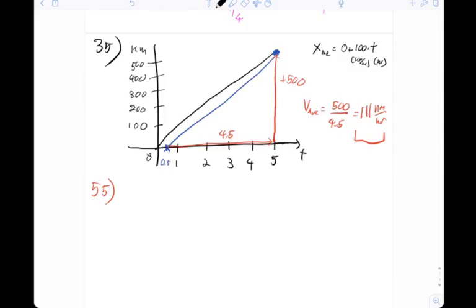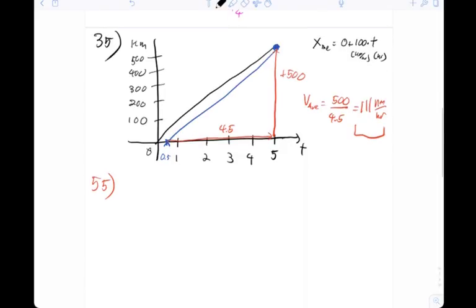So first we need to draw the x-coordinate of the bug's displacement, and then find its velocity.